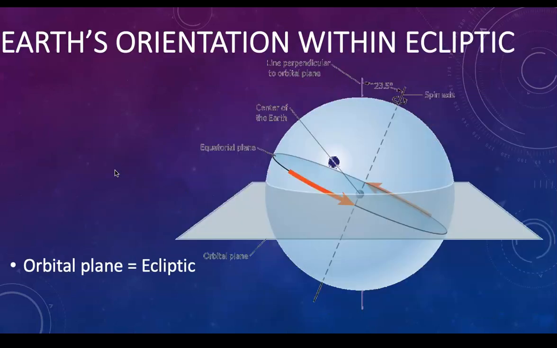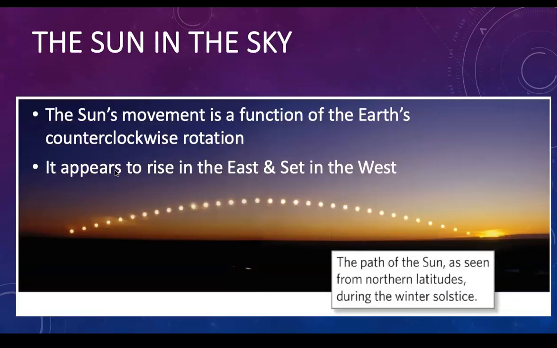All right. So, again, just more about this ecliptic and how we all float around in there. So this orbital plane is the ecliptic. So we rotate around the sun. If you could sort of get above the sun and look down on it, the Earth rotates around it counterclockwise.